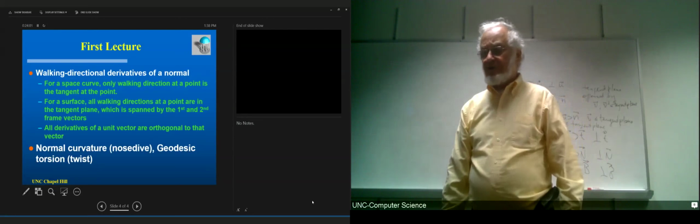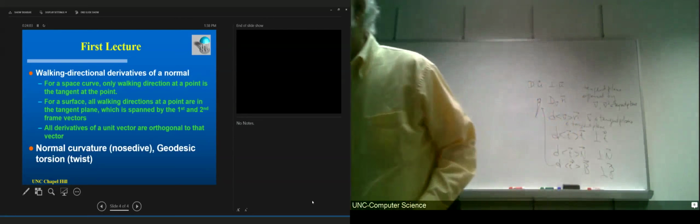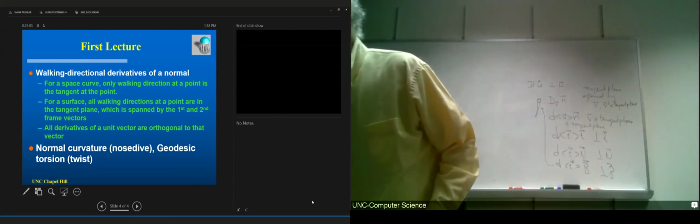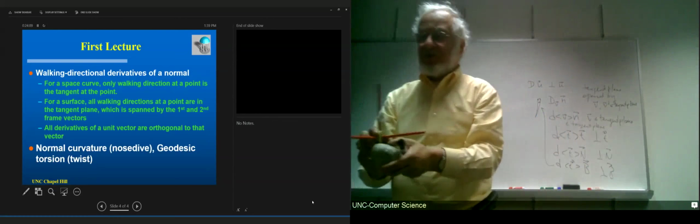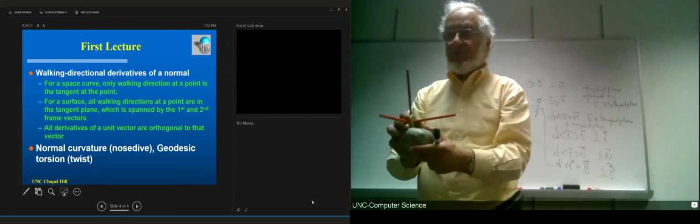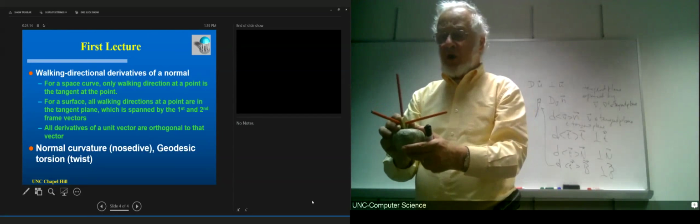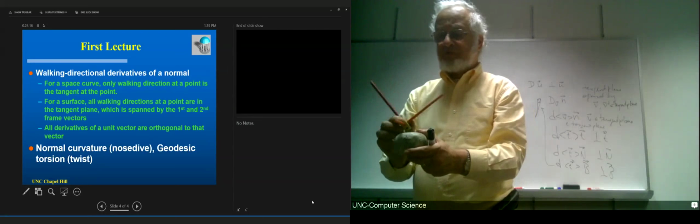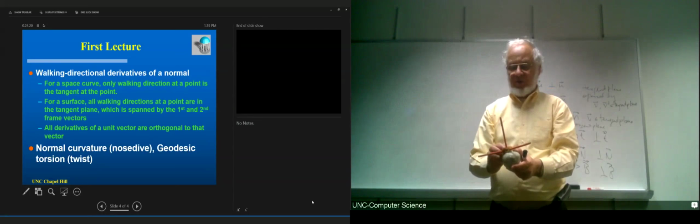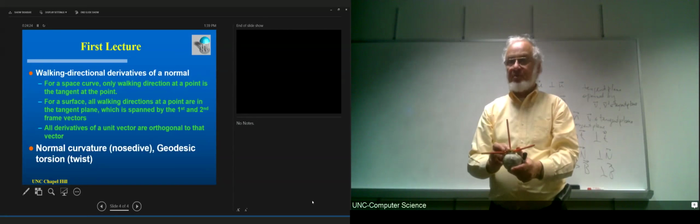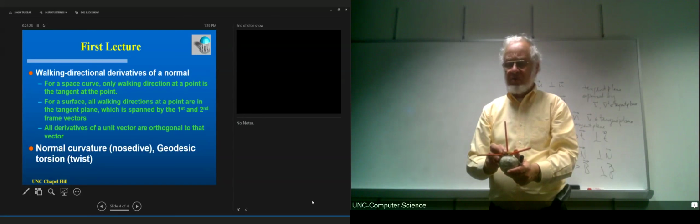And so we're going to talk about this swing vector as we walk along the surface as a function of v and v perp. So here we're going to walk in some direction, like this one here, v on the right. There's v perp. And as the normal swings, it's going to swing into some direction.